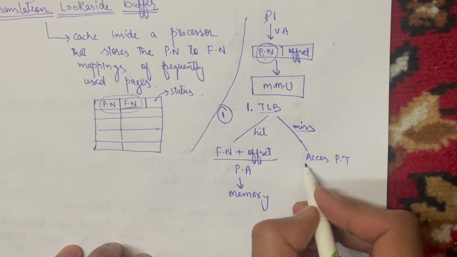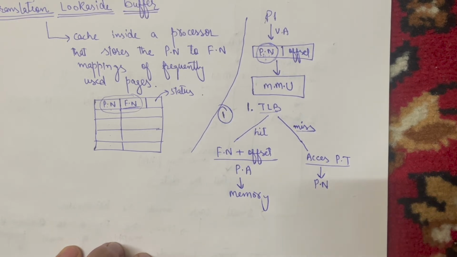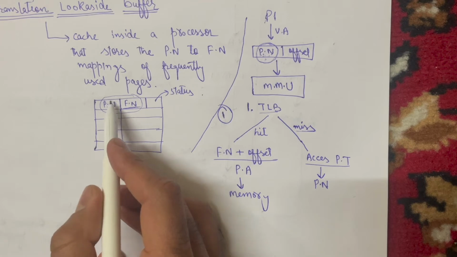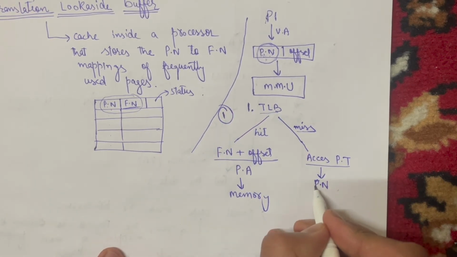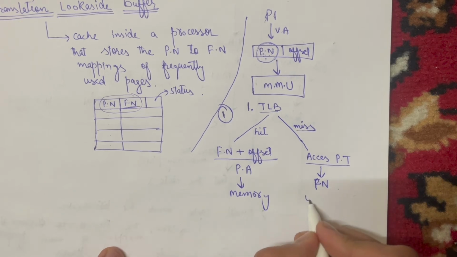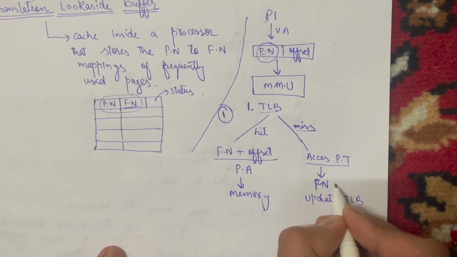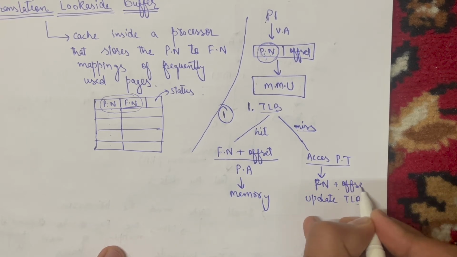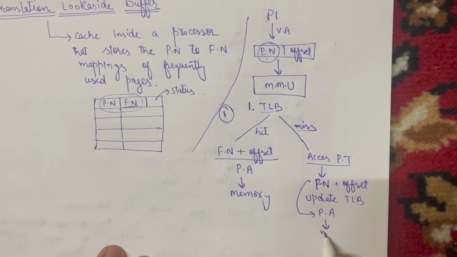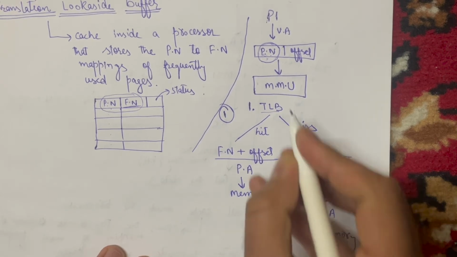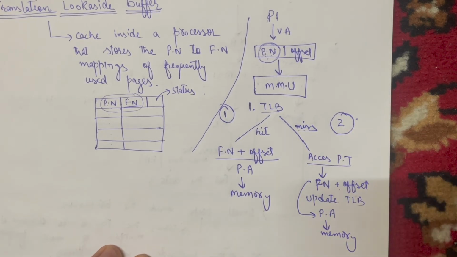So from this page table it will get the frame number, and it will update the TLB with this new mapping, page number to frame number. To this frame number it will also add the offset to get the physical address, and then it will again access the memory. So in this particular scenario you can see that there are a total of 2 memory accesses.